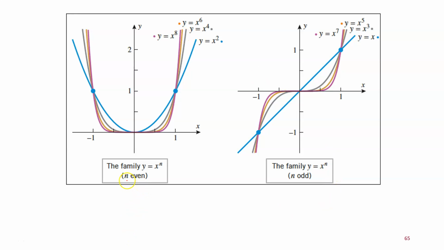And that one is for n even. N even means yang n tu adalah nombor, this is your n. Okay, the 2, 4, and 6. And ini kalau your n is an odd number, so you have x to the power of 1, x to the power of 3, x to the power of 5. So you will have this kind of graph.